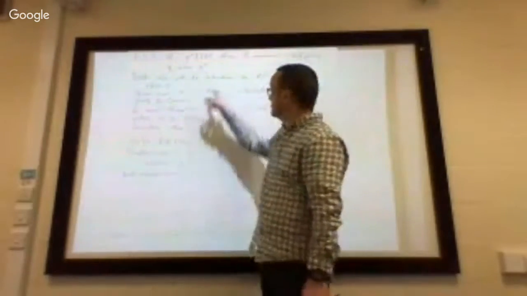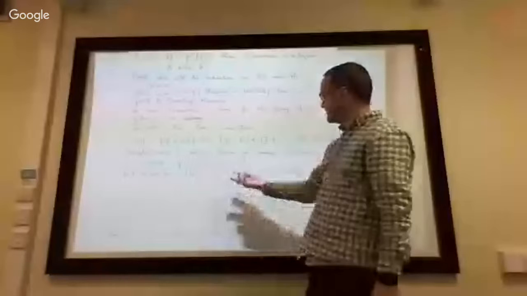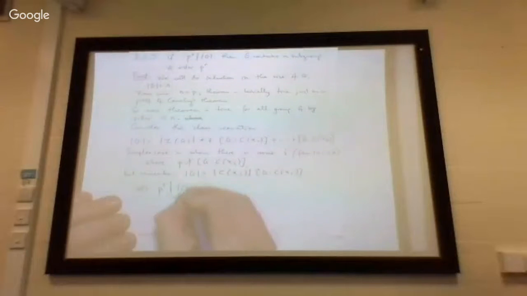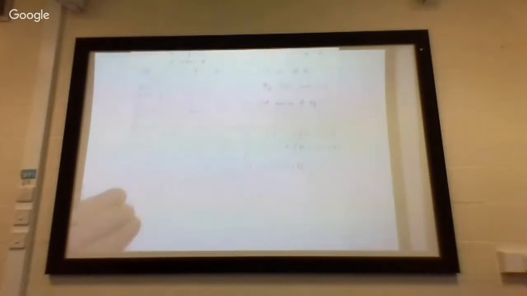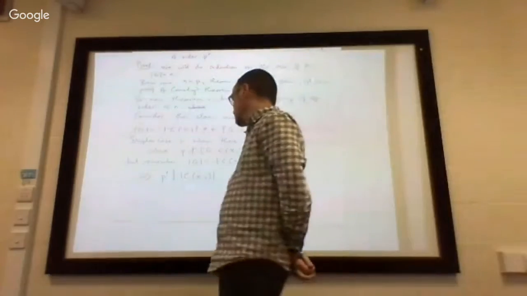Because if there's a factor of p to the r here, where are those p's here? Well, if none of them are in this part, they must all be in this part. So this implies that in this case, p to the r divides the size of this centralizer.